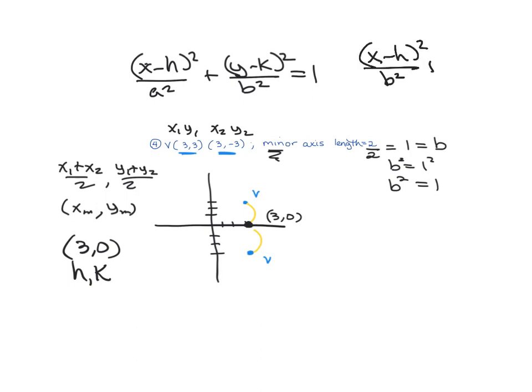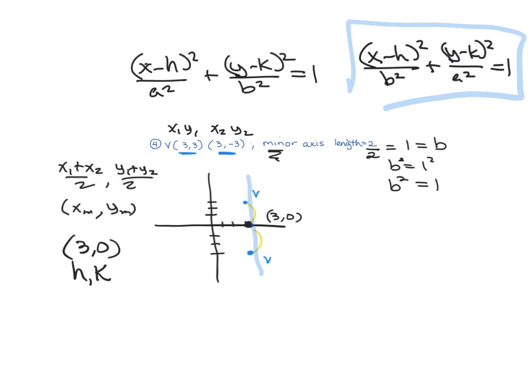And then put the a squared under the y squared. Now we can already see that because the 2 vertices are on top of each other like this, they're vertical up and down, I know I'm going to be using this equation.